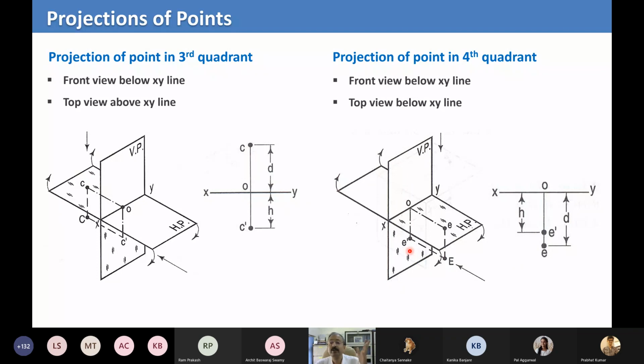The vertical plane is a plane, right? But it looks like a line XY in the horizontal plane. Similarly, the horizontal plane looks like a line, the XY line, in the vertical plane. Just remember these very standard statements because we'll use them in the next part of today's class.